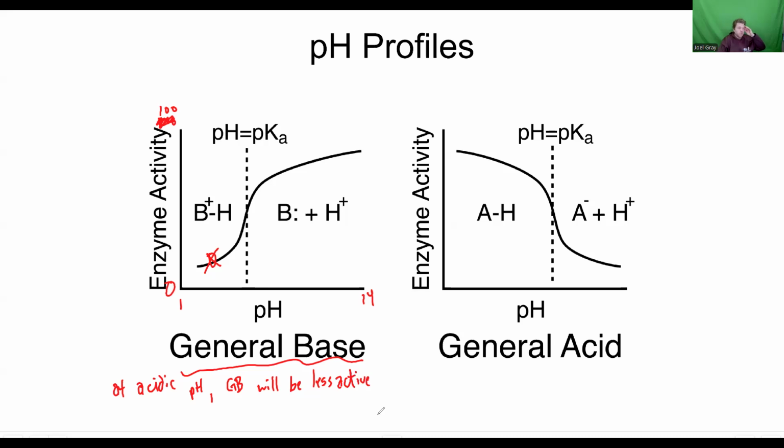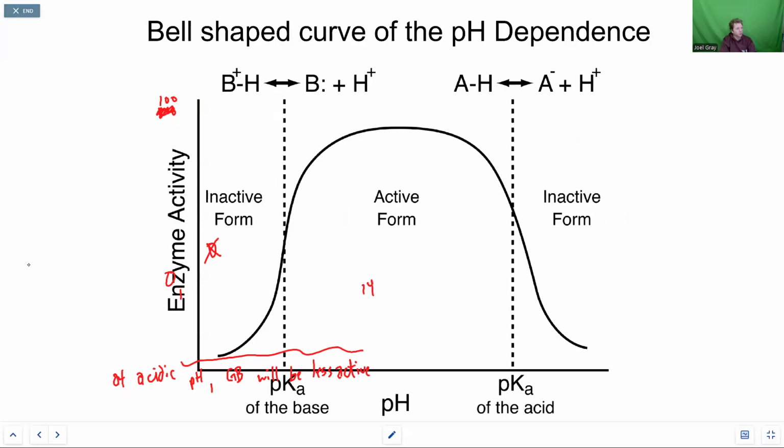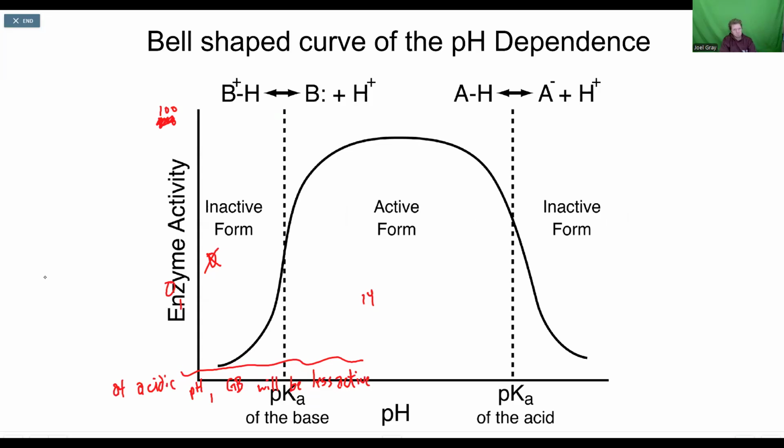And the opposite is true for an amino acid that acts as a general acid. Now, we also have a bell-shaped curve that shows the range in which almost any enzyme involved in acid-base catalysis is going to act. It's going to have a particular range where it's most active. These ranges can change a little bit when you have different pKa values for different important residues, and this active form could be a very narrow region.